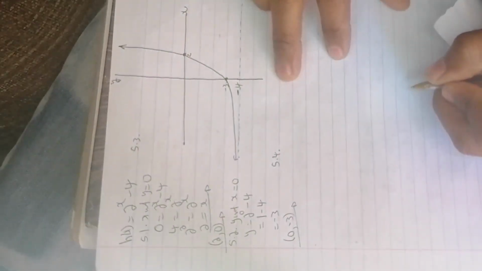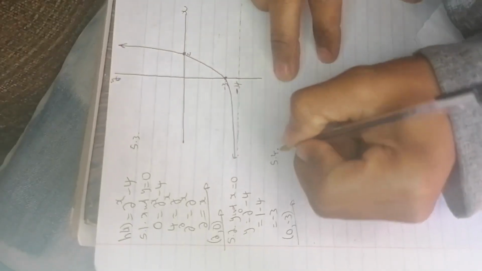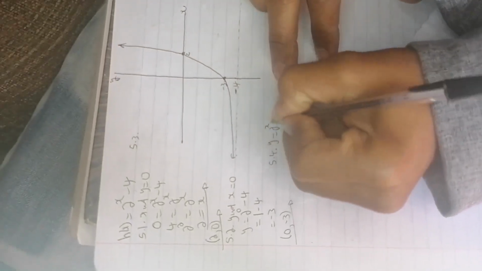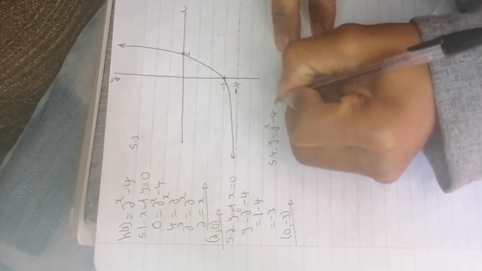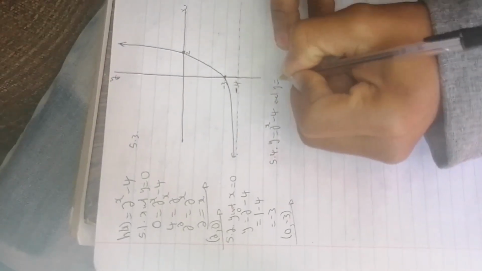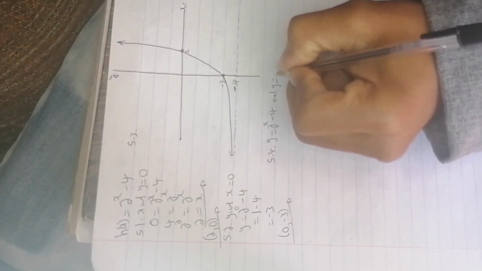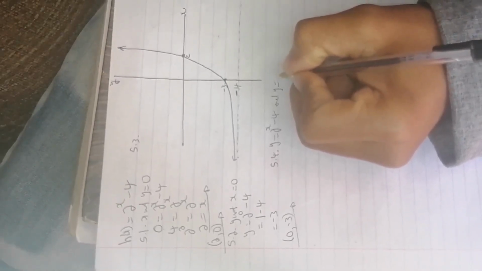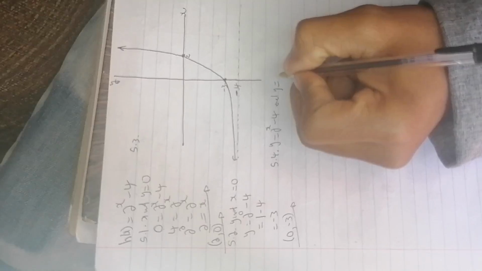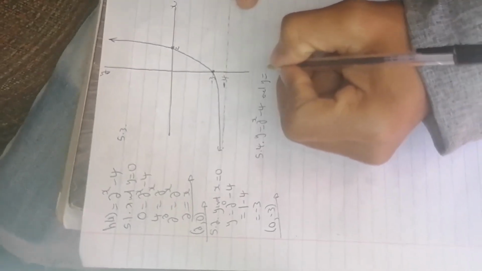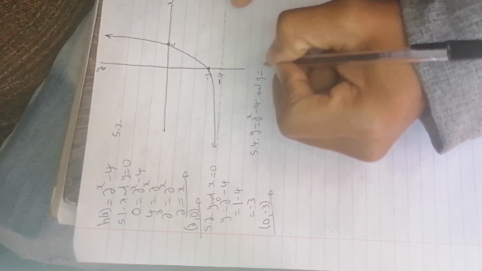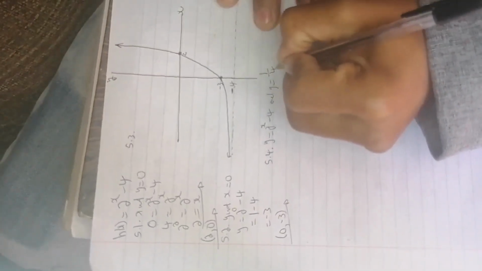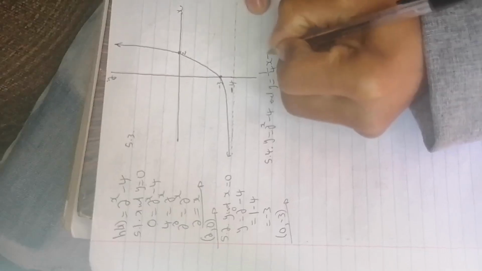Write down the point of intersection between y = 2^x - 4 and y equals... what is this? It looks like, oh Jesus Christ, it looks like (1/4)x - 4.